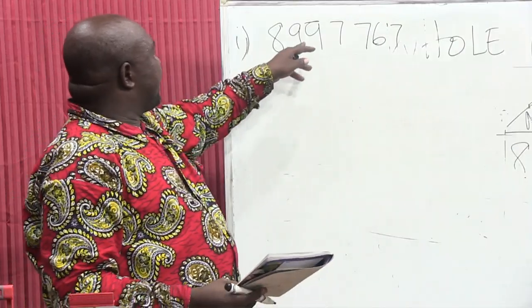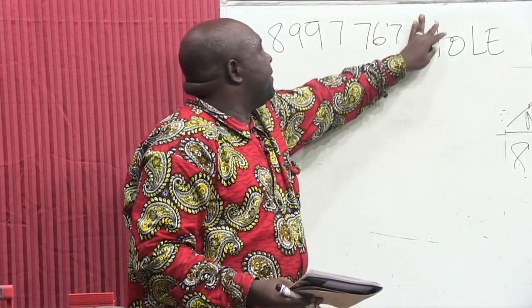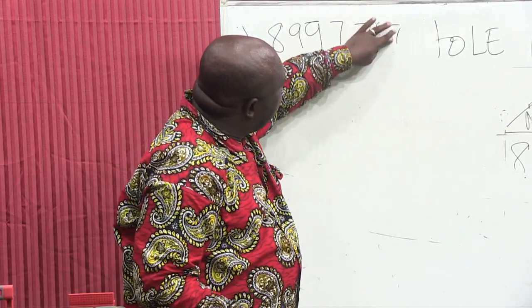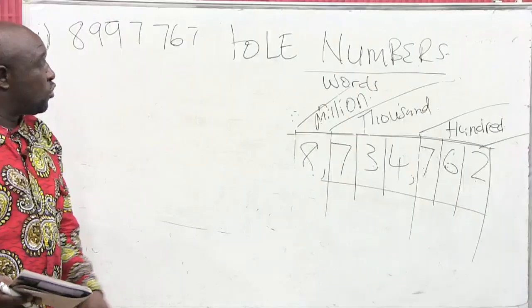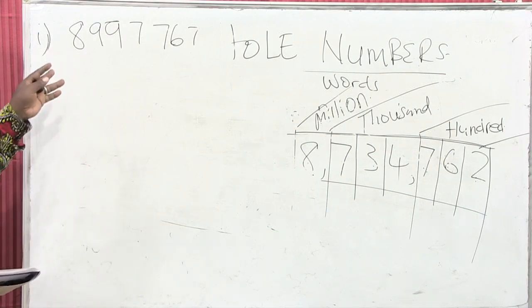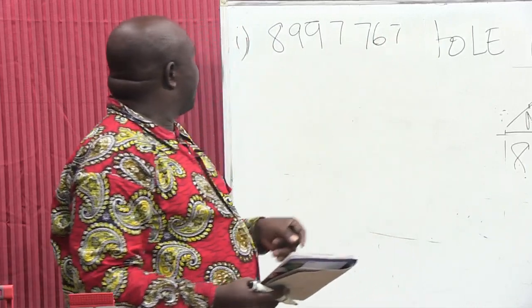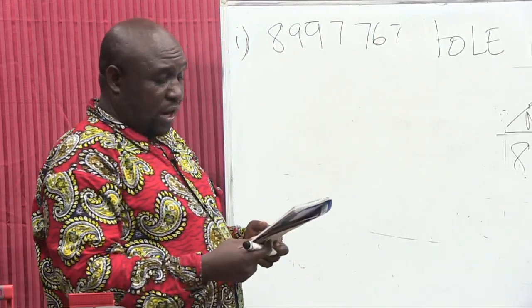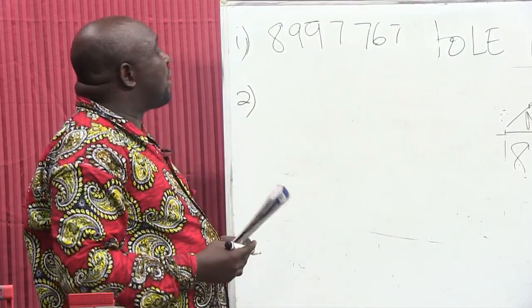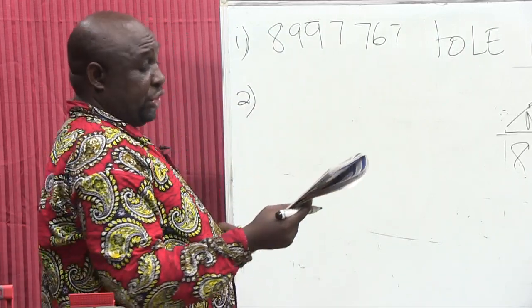With 8, 9, 9, 7, 7, 6, 7. Write the short form and use that short form to read. You put the M, the TH, and the H in this number so that you can read it easily. Or apply the concept of the periods in this number and then read it.